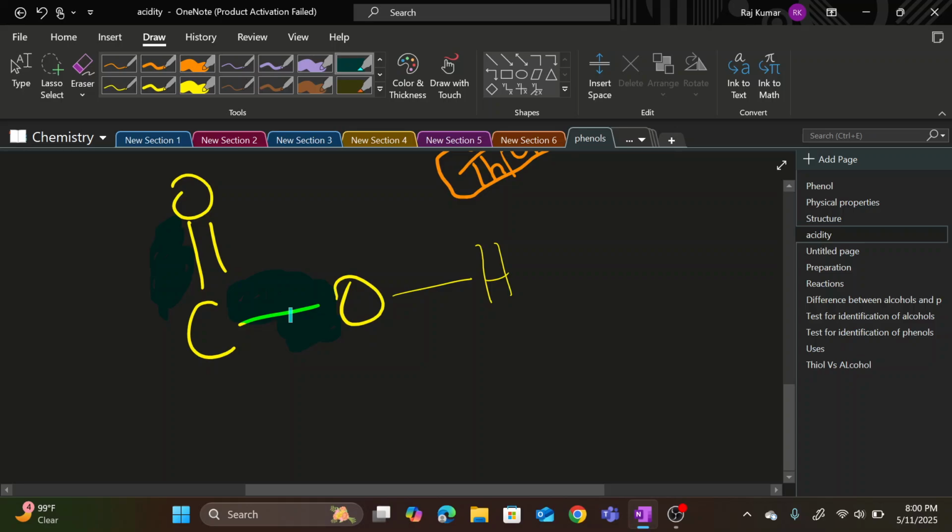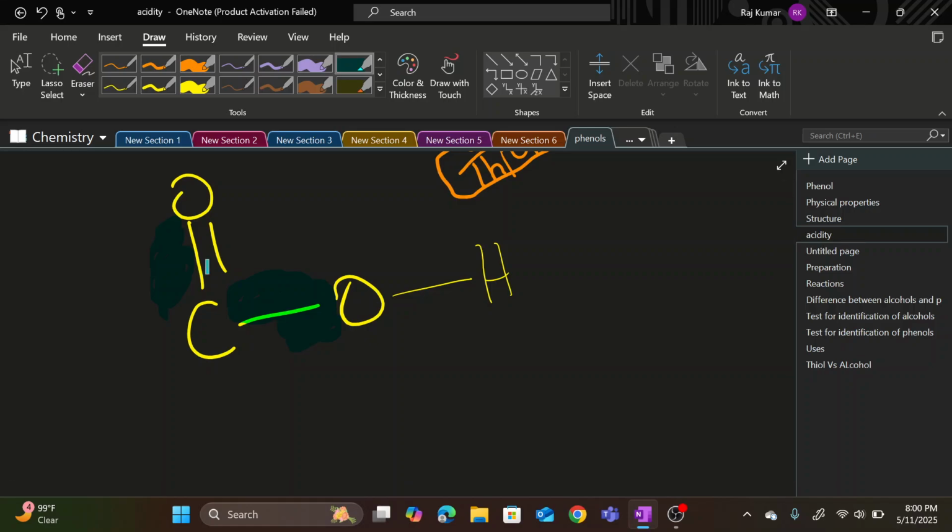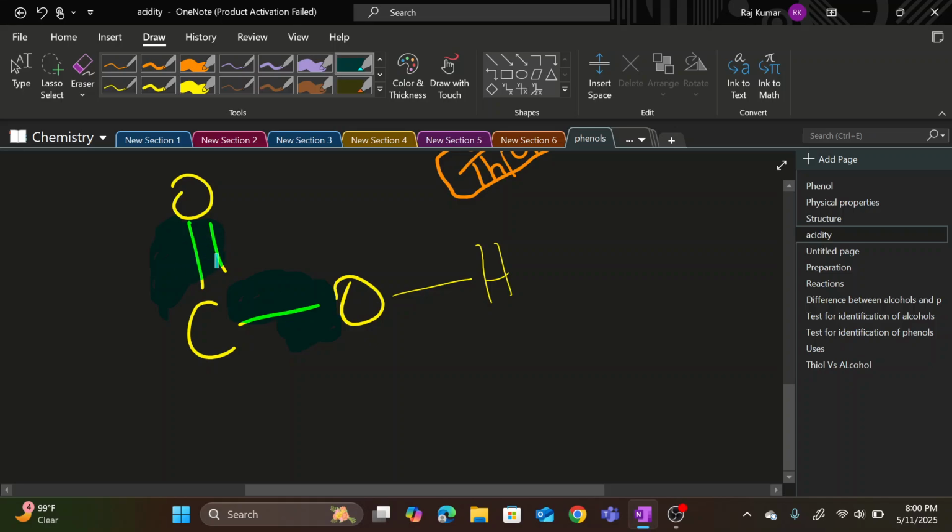Because of the two oxygens which are present, the electronegativity of this carbon increases.